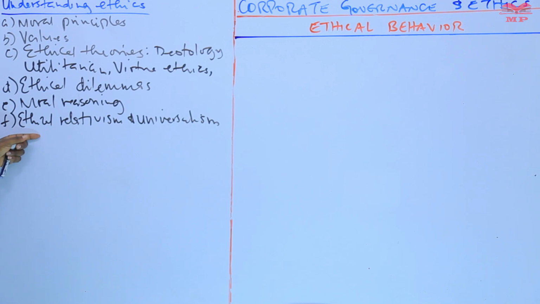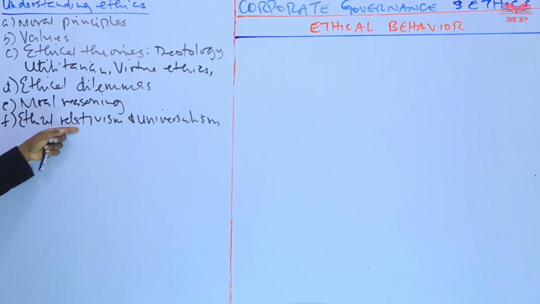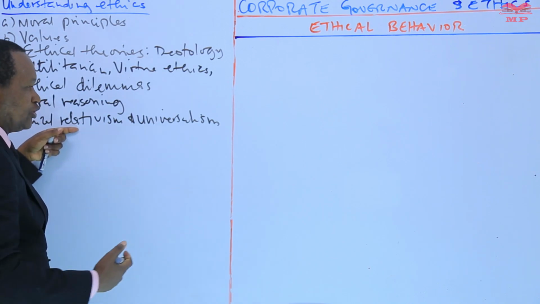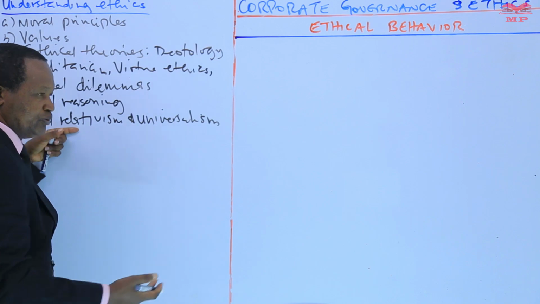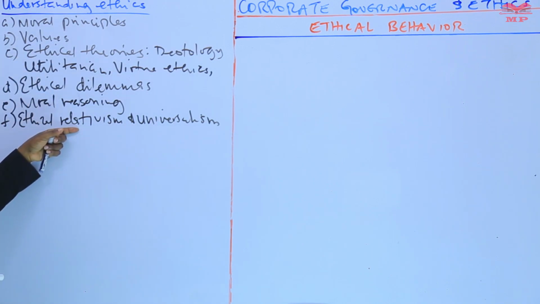So ethical relativism suggests that what is considered right or wrong can vary depending on cultural context, depending on people, regardless of their cultural background. This theory suggests that ethics are relative.